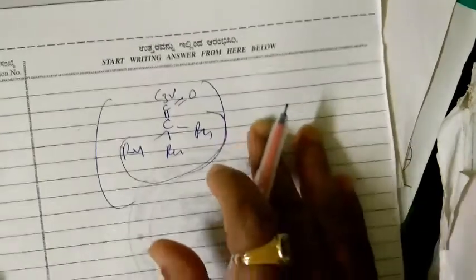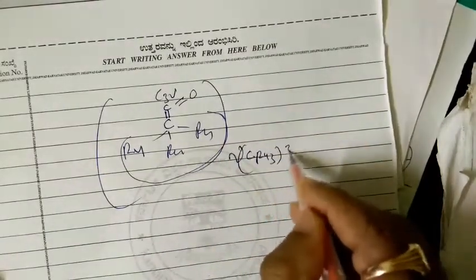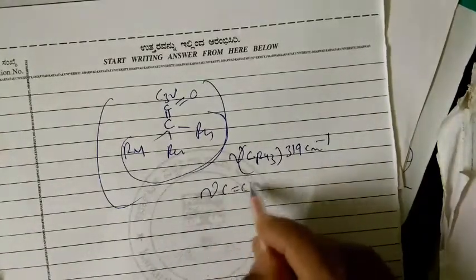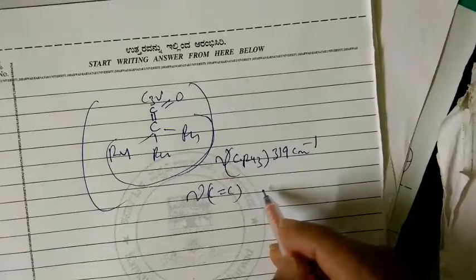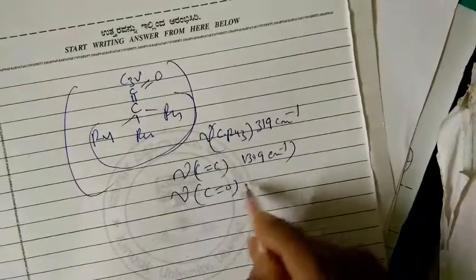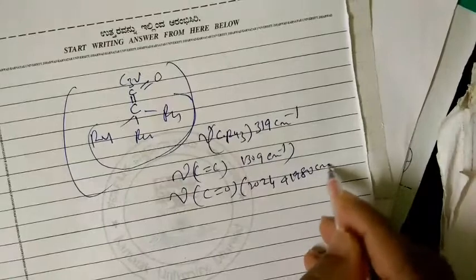And if you see the vibrations of carbon to ruthenium thrice, it is 1939 per centimeter. The vibration of the carbon-carbon double bond is coming around 1309 per centimeter. And the frequencies of carbonyl we can see at 2024 and 1980 per centimeter.